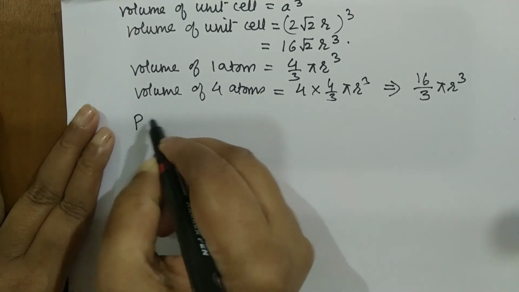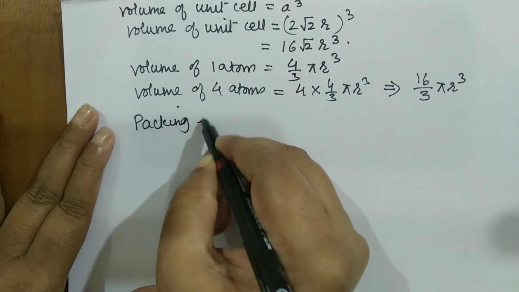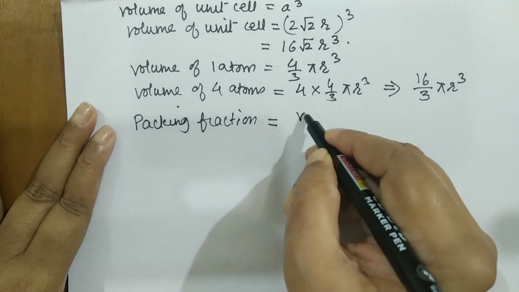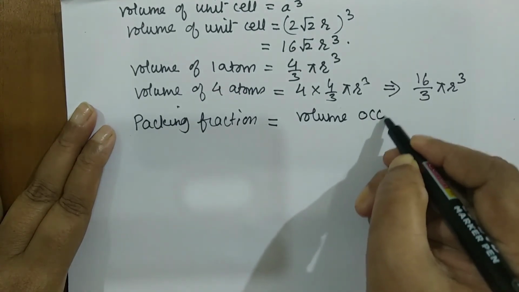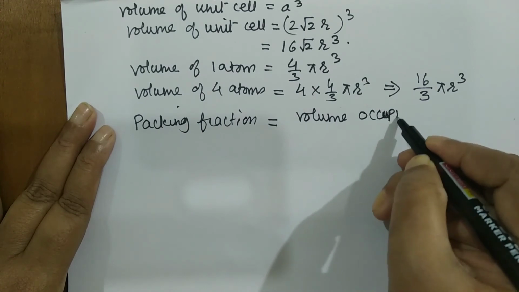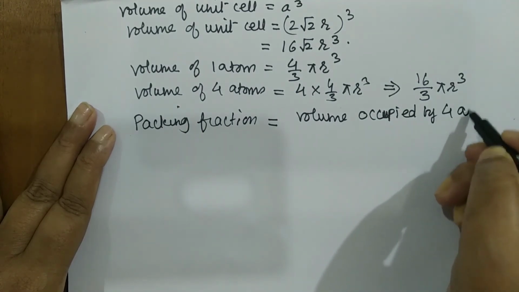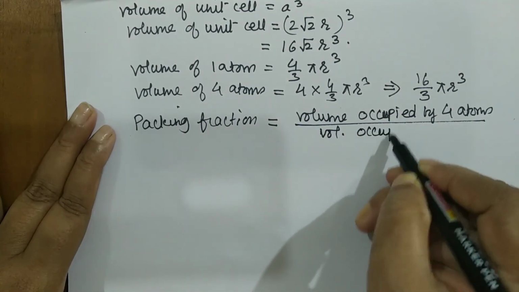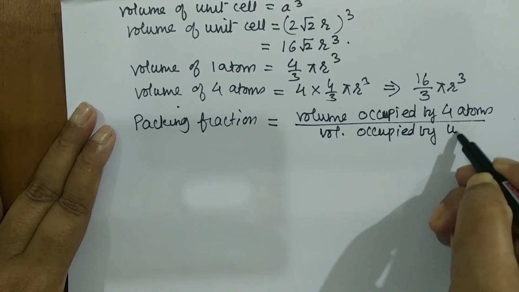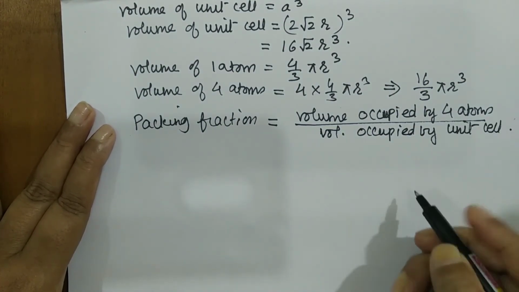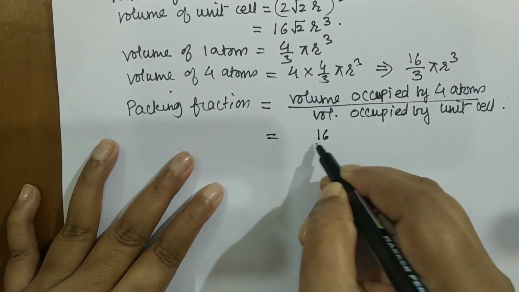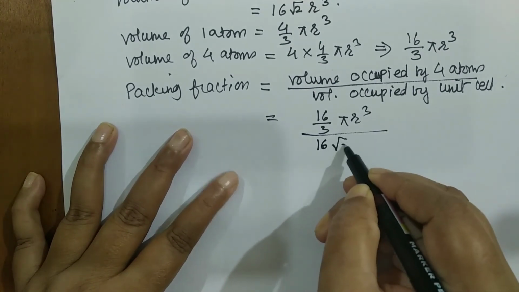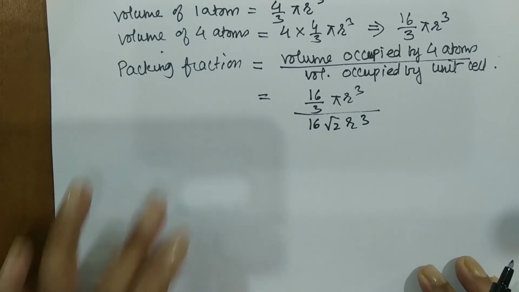Now write down the packing fraction. Same formula. So what is packing fraction? Volume occupied by 4 atoms upon volume occupied by the unit cell. So substituting the values, 16 upon 3 pi R cube upon 16 root 2 R cube. Now let us cancel the same way.